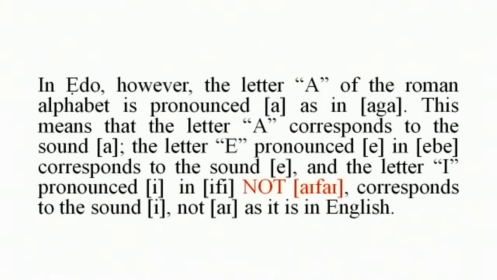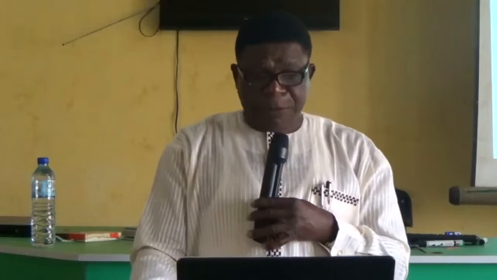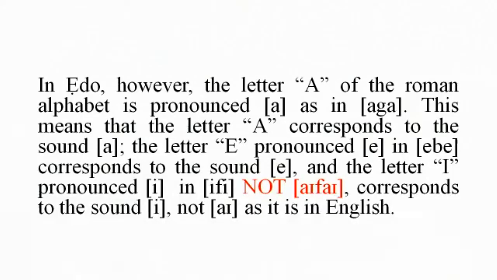In Edo, however, the letter A of the Roman alphabet is pronounced A. It's pronounced A as in the word aga. This means that the letter A corresponds to the sound A in Edo.